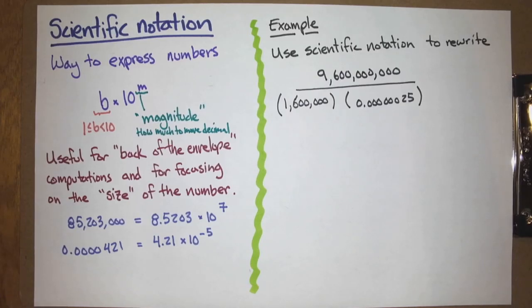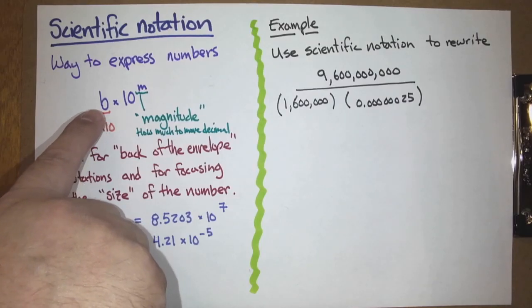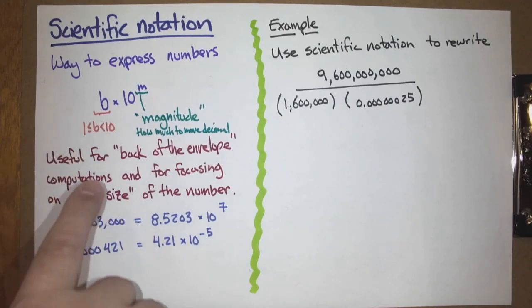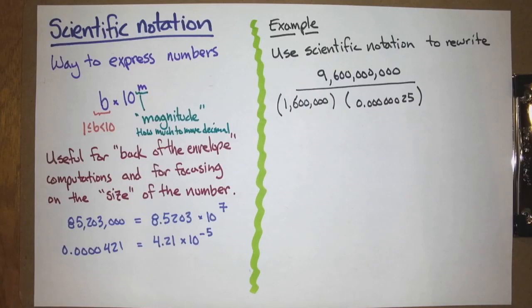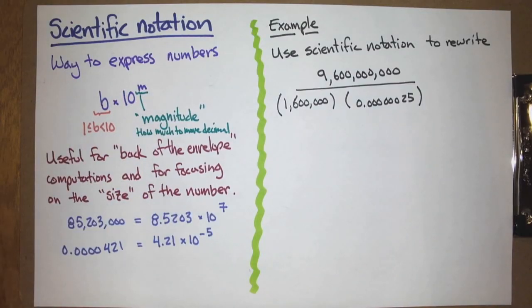And the idea was just to say, let's make it look like a smallish number. So we have this coefficient out in front, and it's something between 1 and 10, times the appropriate power of 10. The appropriate power of 10, we look at this exponent, that gives us the size of the number.